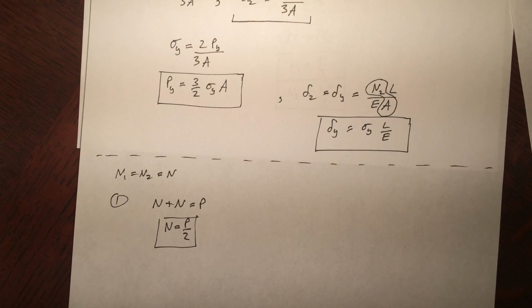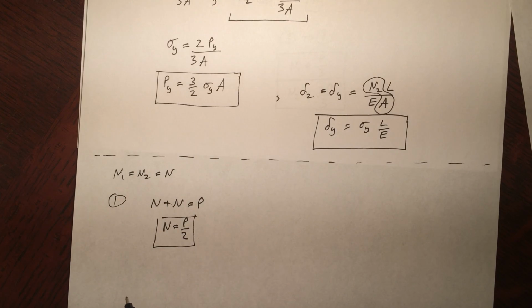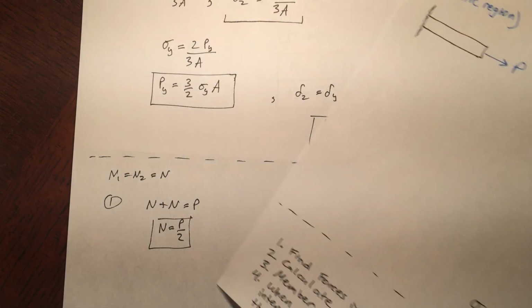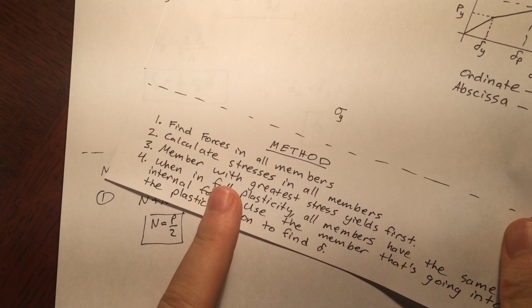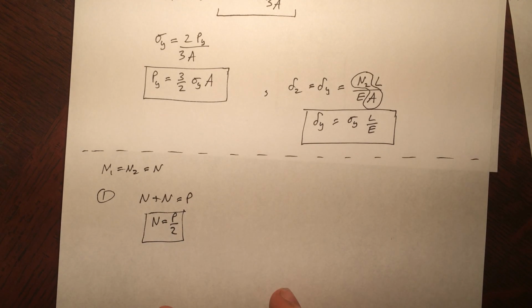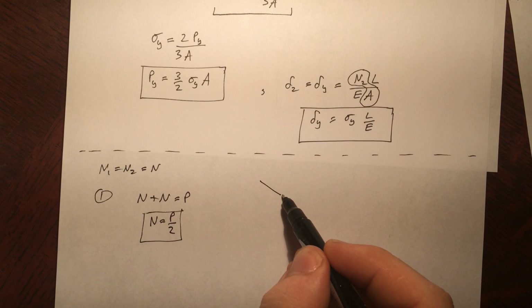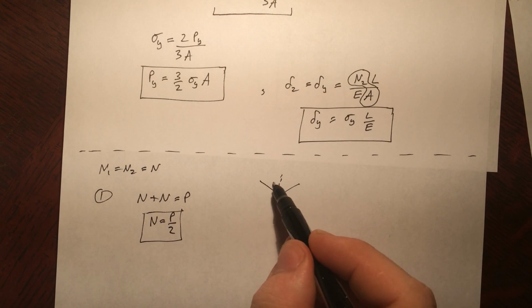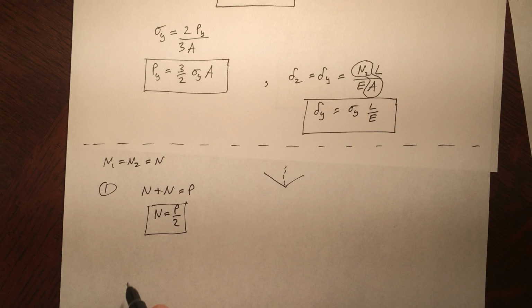So the stress now, because using this handy bit of rules here, we found the forces in there. Now to find the stress in the members. In this case, we know that N2 is already in its yield mode, so we're looking at N1. Those are the angled pieces on the side. The stress in those is just the normal force over area, so it's P by 2A.